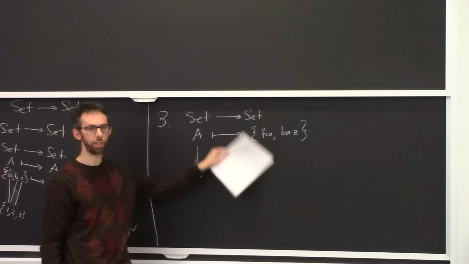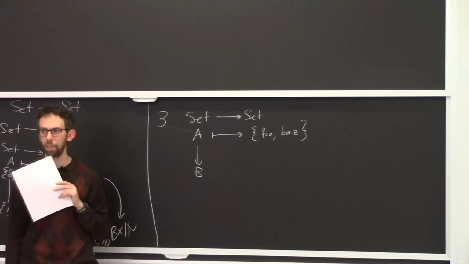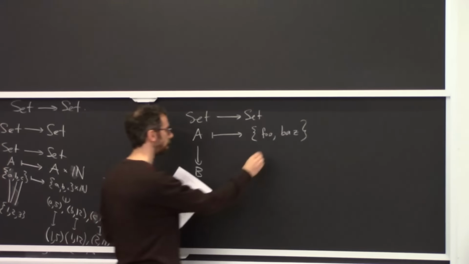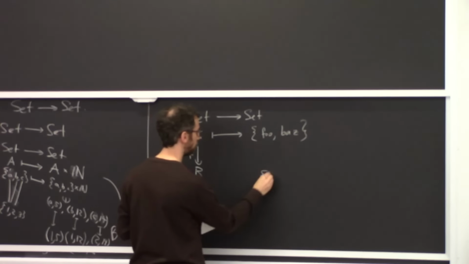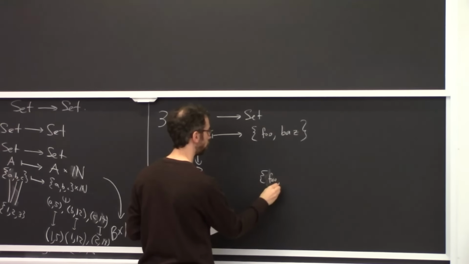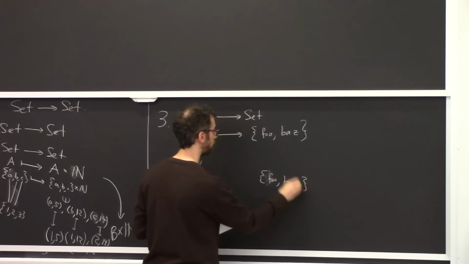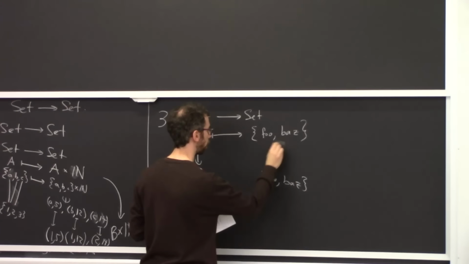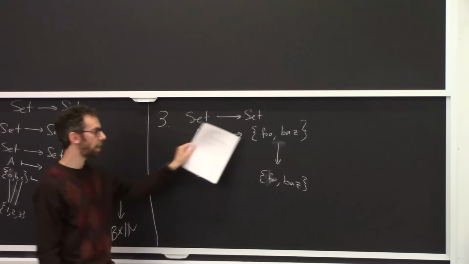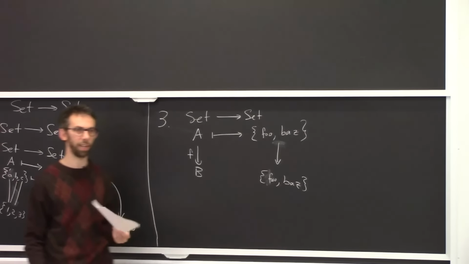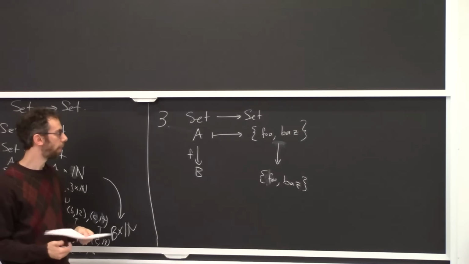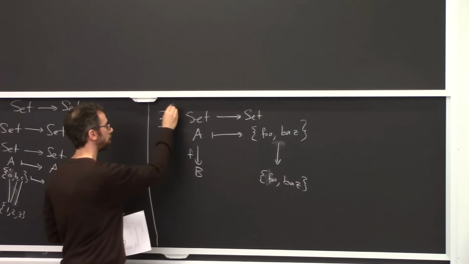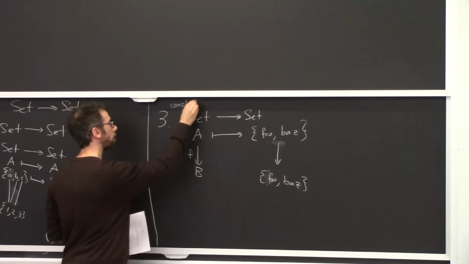It's supposed to return a function. What function should it return? Let's just have it return the identity. OK, that is going to be a functor. It's called a constant functor because it sends everything constantly to {foo, baz} again and again. This is constant. OK.